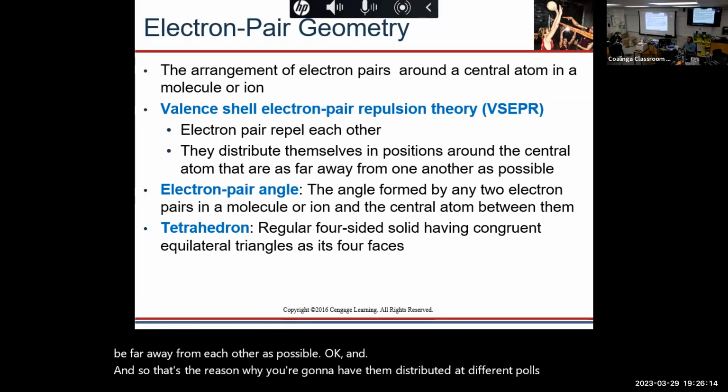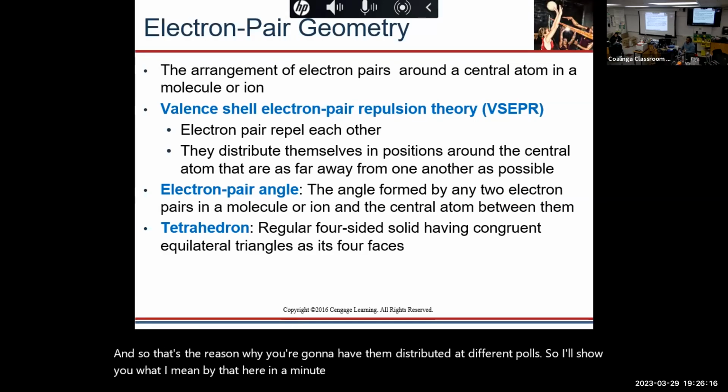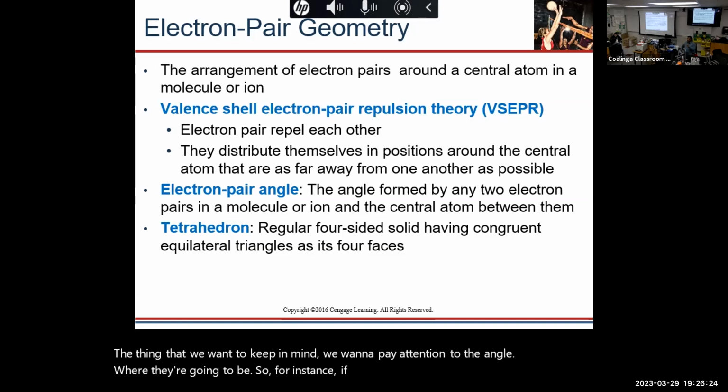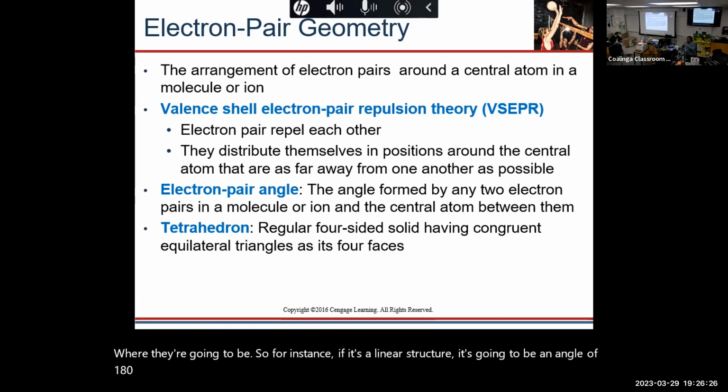I'll show you what I mean by that in a minute. The thing to keep in mind is the angle. If it's a linear structure, the angle is 180 degrees. If it's tetrahedral, the angle is 109.5 degrees. I'll show you some of the other ones as well.